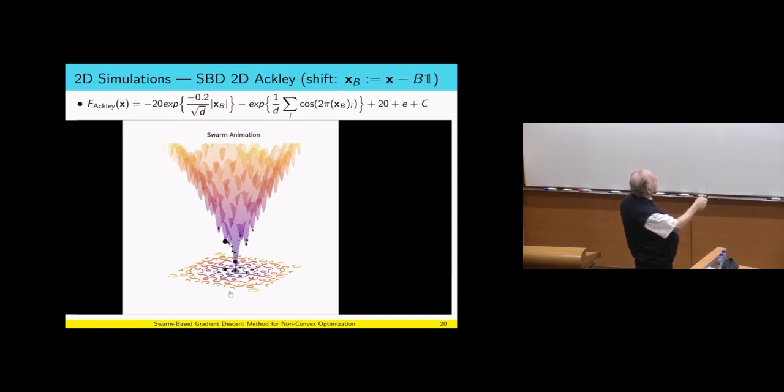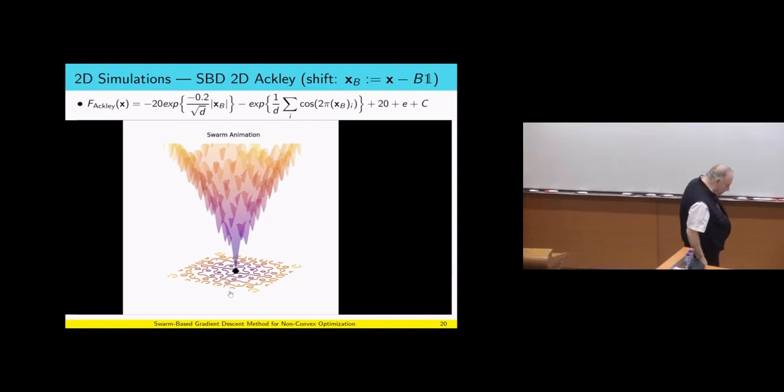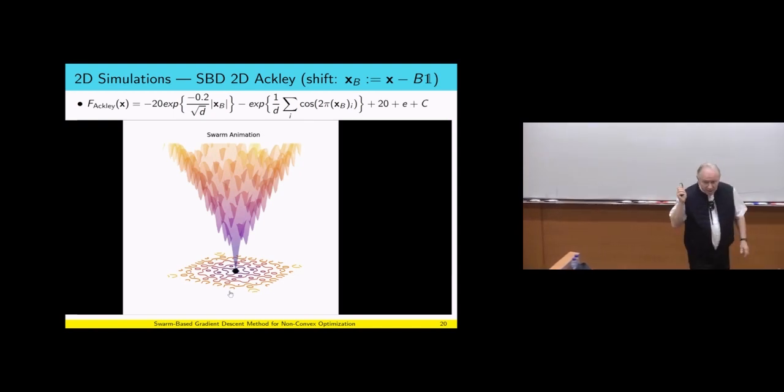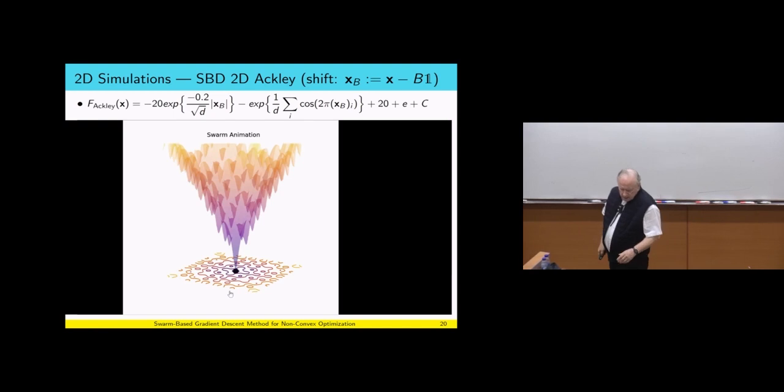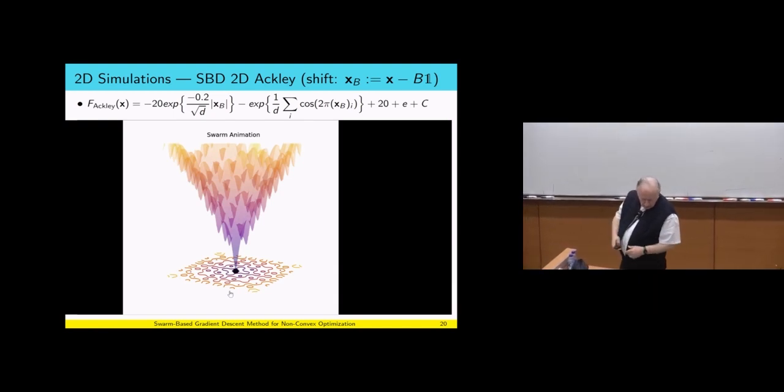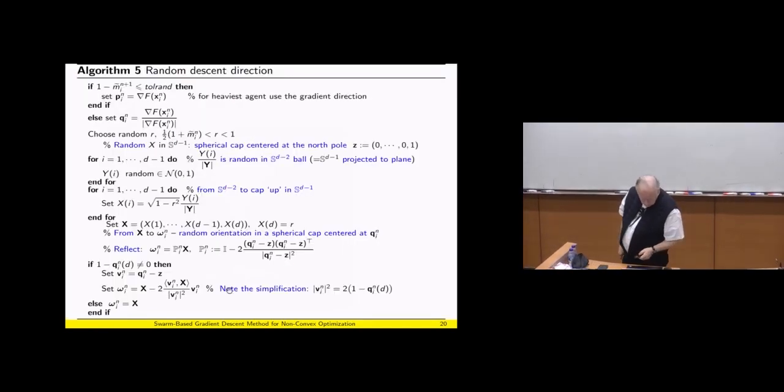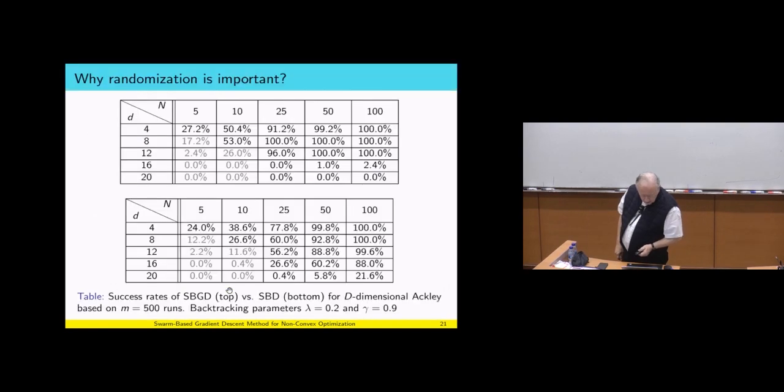Each time the highest is eliminated, and then they try, you see this guy comes here, now more mass is going there, this guy is eliminated, now this has become lighter and lighter, more mass is going there, eventually they will be eliminated, done. That's it. Okay, so this is the two-dimensional shifted Ackley function, and this is how it works.